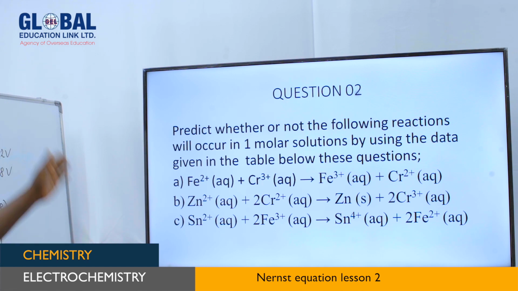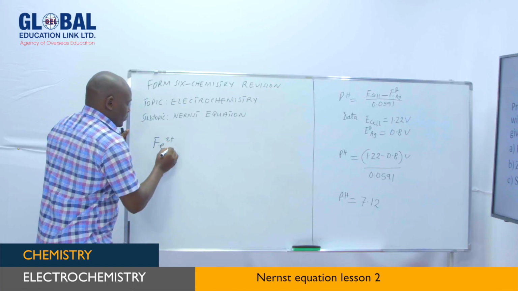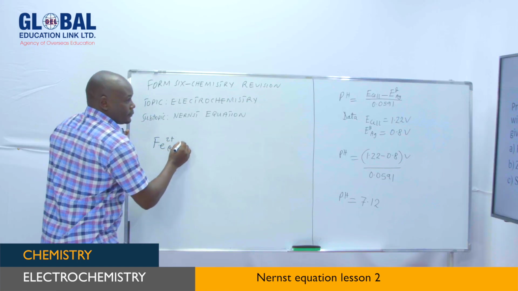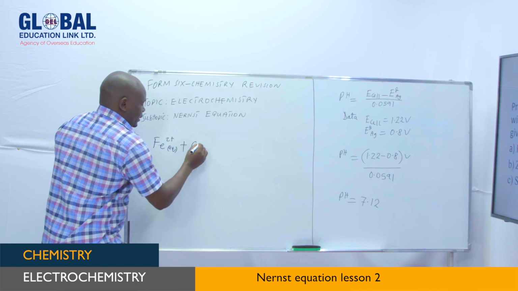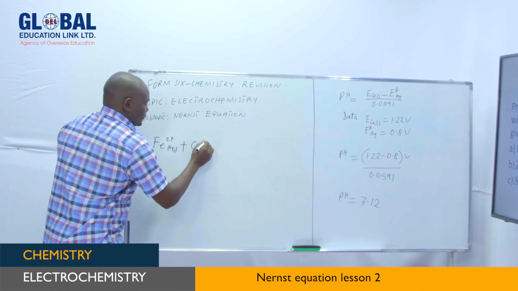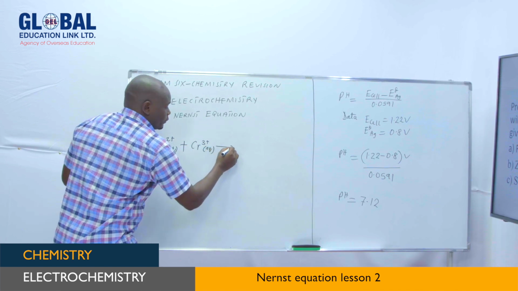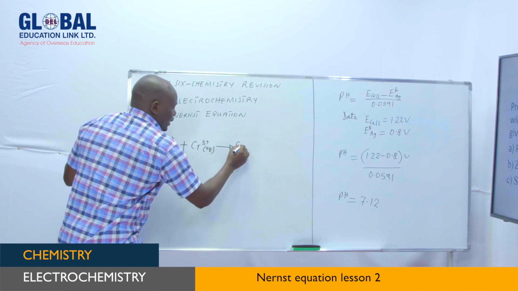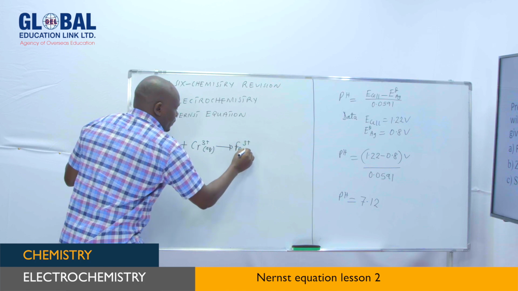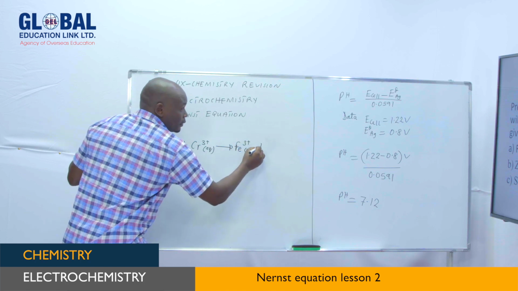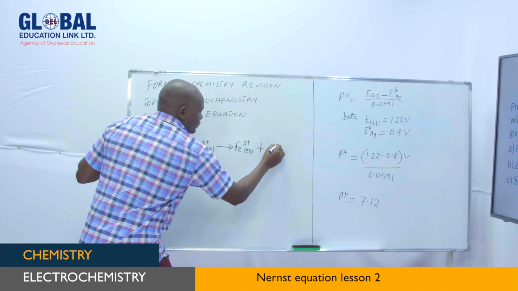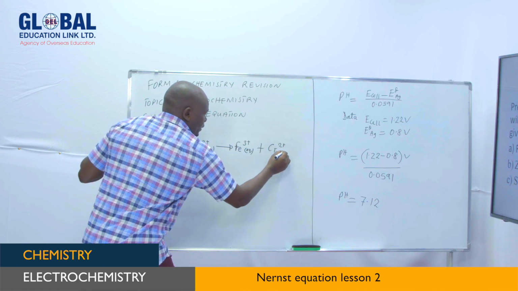So the given equation is iron 2 aqueous that reacts with chromium 3 aqueous, to form iron 3 aqueous and chromium 2 aqueous.